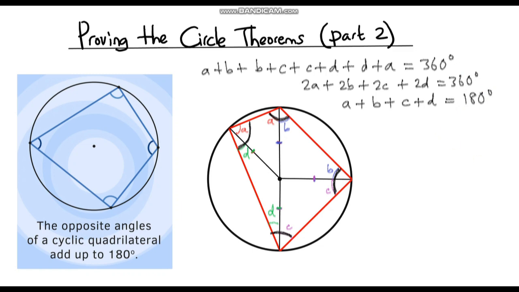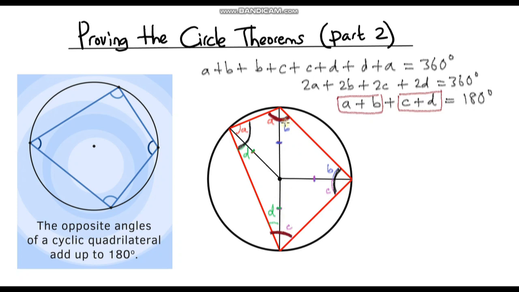Now, there might be something that jumps out at you. If we focus on this angle, what we're saying is that this angle plus this angle is 180. Well, if we have a look at the labels that we've given, this angle is A plus B, and this angle is D plus C, or C plus D. So we can see that this angle plus this angle must equal 180 degrees.